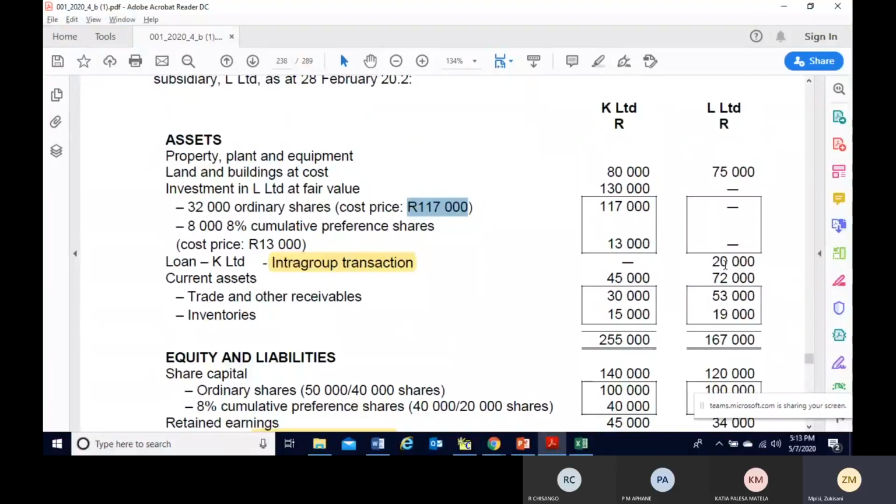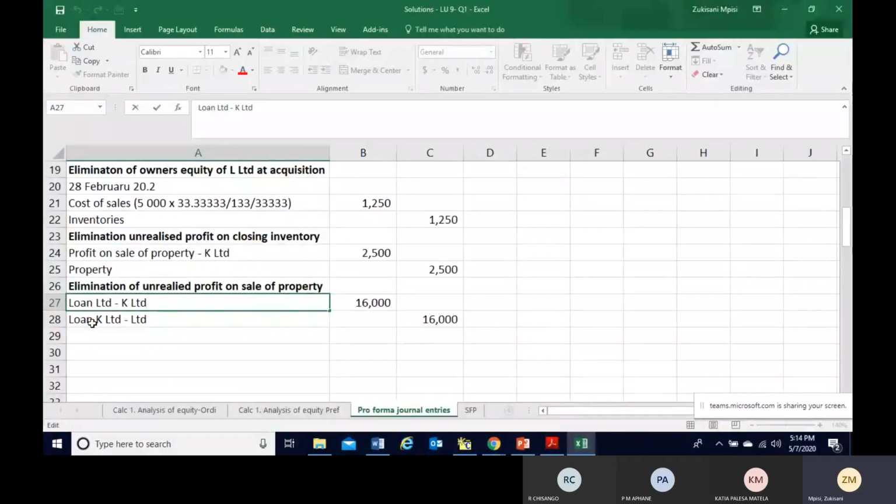Here, the loan of KLTD sitting in LLTD was an asset in the books of LLTD. So it's loan KLTD, loan KLTD.